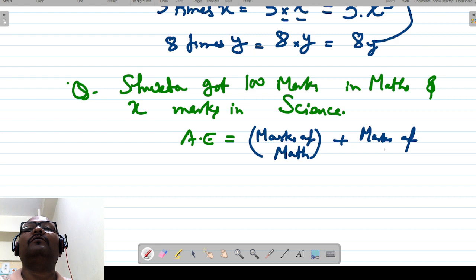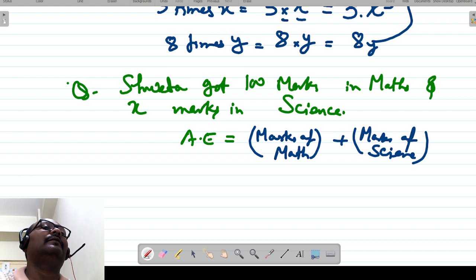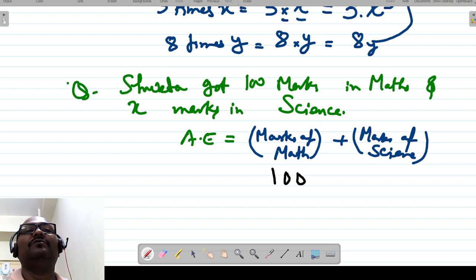Marks of math is 100, which is 1, 0 and 0. Then that will be added to the marks of science. What is that? You can see here x, that will be added over here. So what will be the algebraic expression?